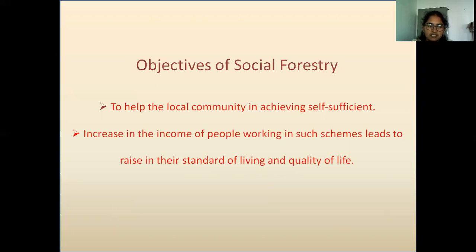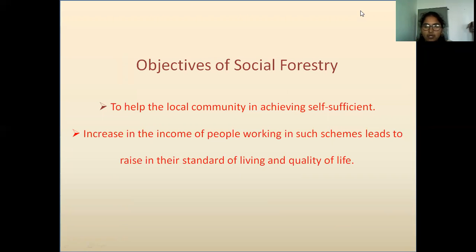Another one is to generate employment opportunities for unskilled workers and the rural poor, and increase the income of people working in such schemes, which leads to a rise in their standard of living and quality of life.